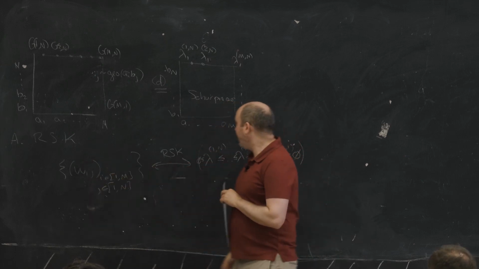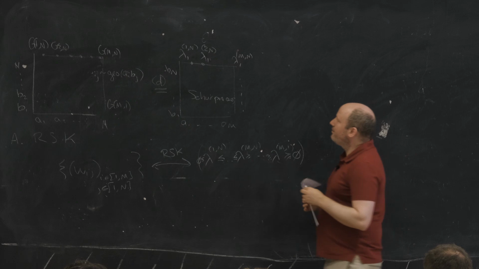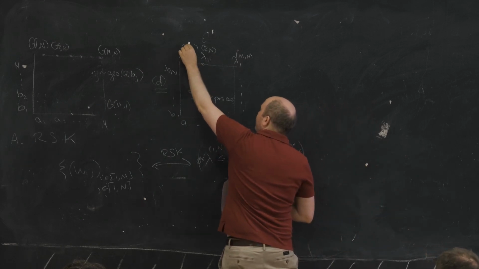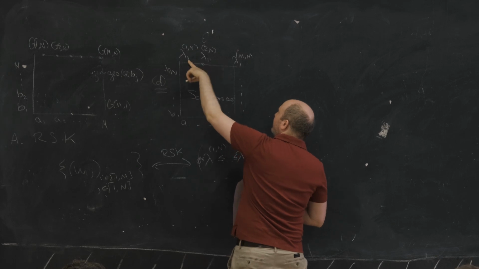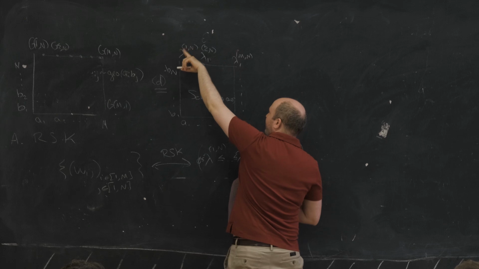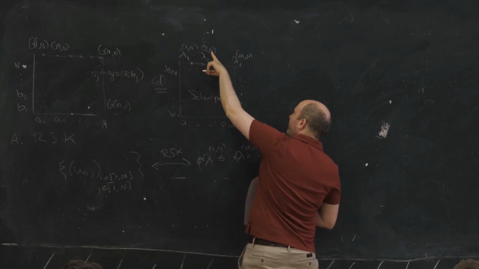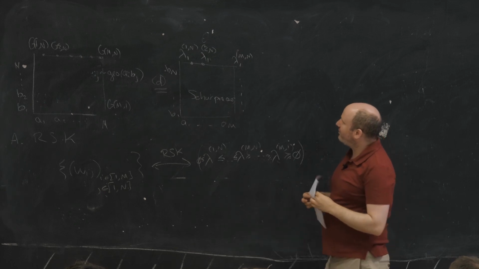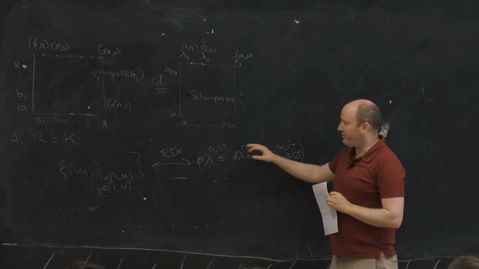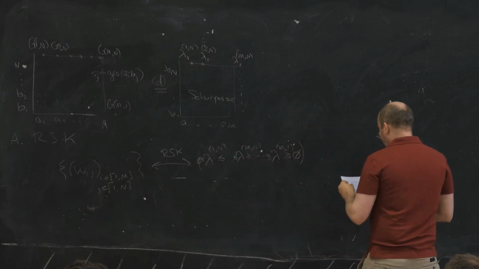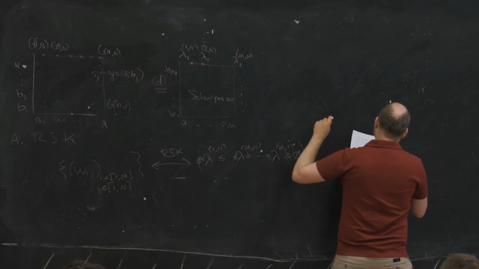And indeed, because of the restriction that the length of this partition is bounded, the first lambda 1n can have length at most 1. This can have length at most 2, and so on and so forth. If you compute this, and we'll draw this in just a little while, you see that the dimension of this set is the same. So at least that's good news. Okay? So what is this RSK correspondence?